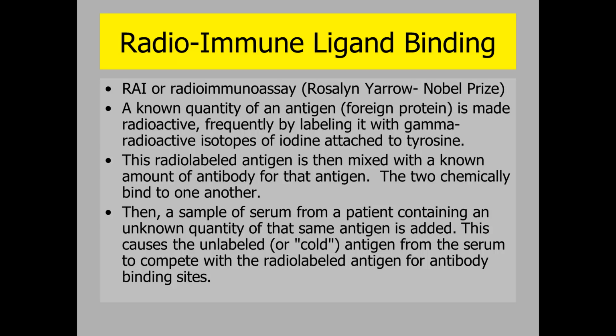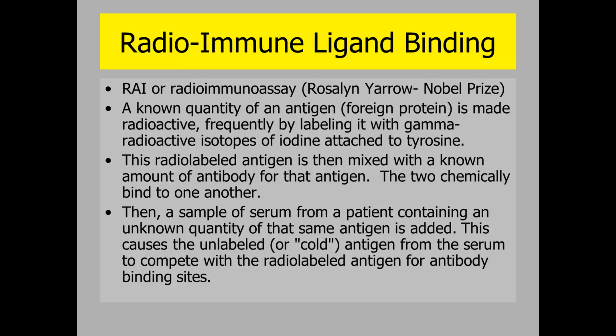Then you add a sample of serum from a patient who contains an unknown quantity of the same antigen, and this causes the cold or unlabeled antigen from the serum to compete for binding with the radio-labeled antigen for the antibody binding site. So it competes off the radioisotope. So this is a way of identifying that that particular protein is present in the serum of a patient.